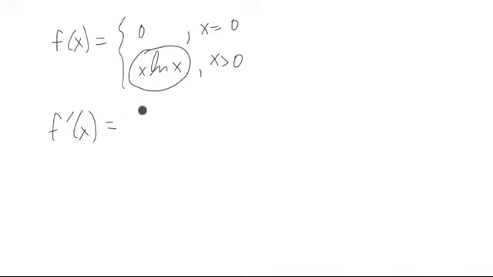So when we do that, we end up getting, using the product rule, derivative of x is just 1, so natural log x plus, and then we have x times 1 over x, which is just 1.